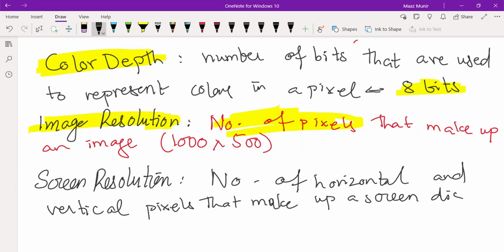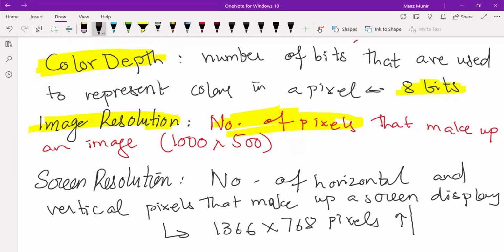Now, my laptop basically has the resolution of 1366 multiplied by 768 pixels. By this, I mean that I have 1366 pixels in one direction and 768 in the other, one horizontal and the other vertical. And this basically represents full HD.